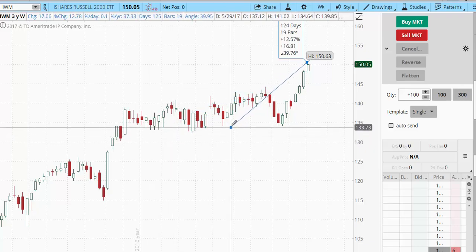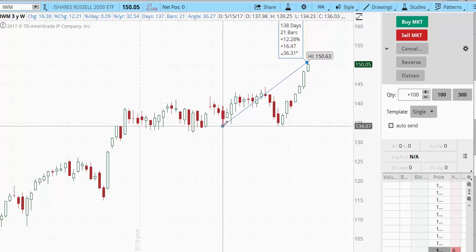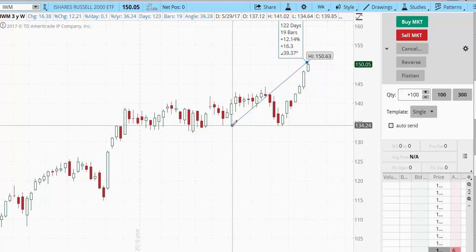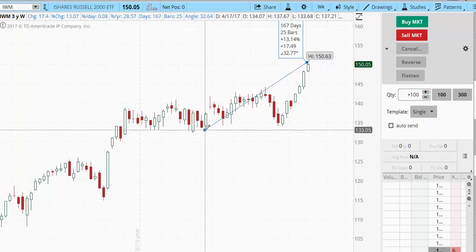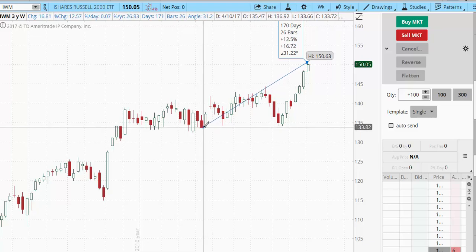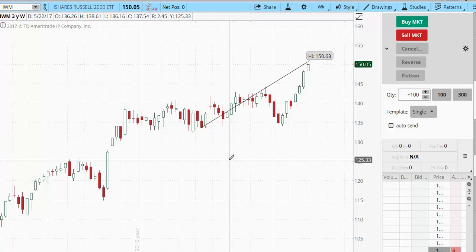Well, we've got it in the TF, and that's what's important to me. Ah, there we go. That's not a good pivot. See, it's a nice outside day, which might be valid, but there we go. There we go. That's a cute one.